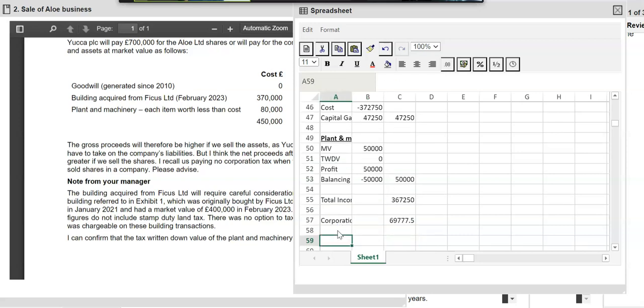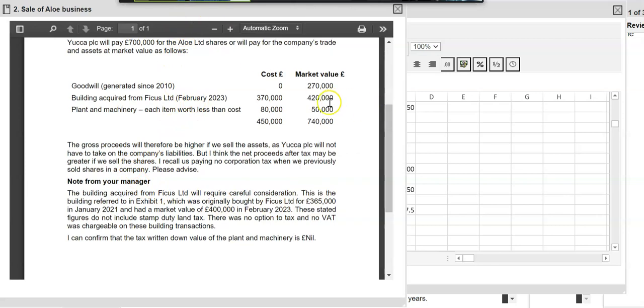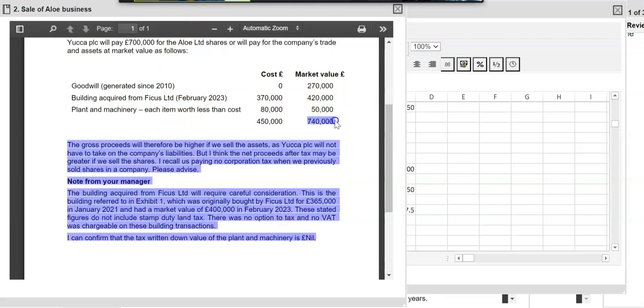That's this, and if we calculate the after tax proceeds, how much is it going to be? We have to write the disposal proceeds, and disposal proceeds are what? No. This is the proceeds if we sell the assets one by one. So that's 740,000 pounds.